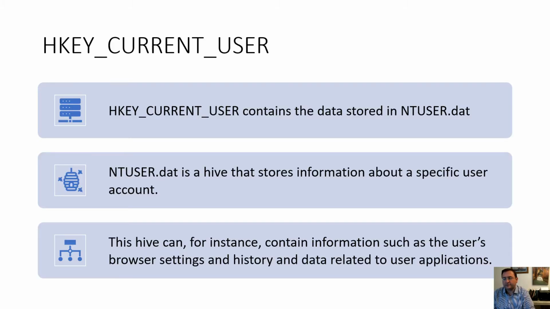HKEY_CURRENT_USER contains the data stored in NTUSER.DAT, and NTUSER.DAT is a hive that stores information about a specific user account. This hive can, for instance, contain information such as the browser settings and history and data related to the applications.